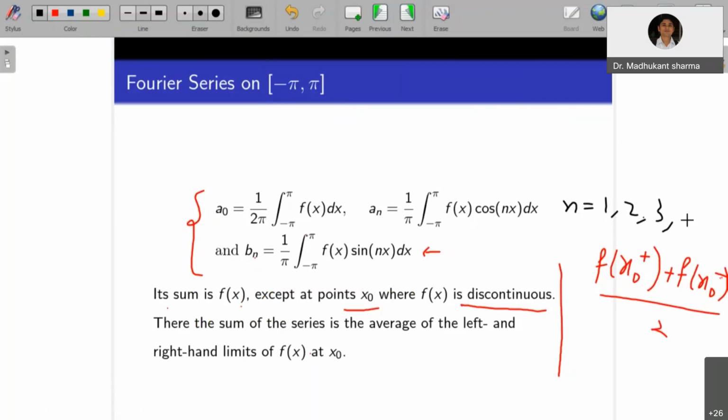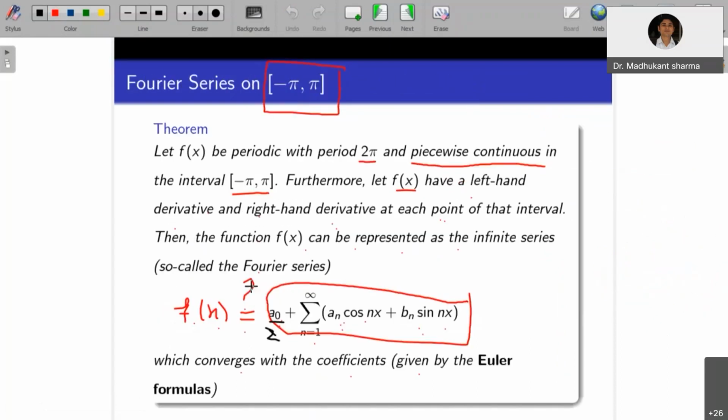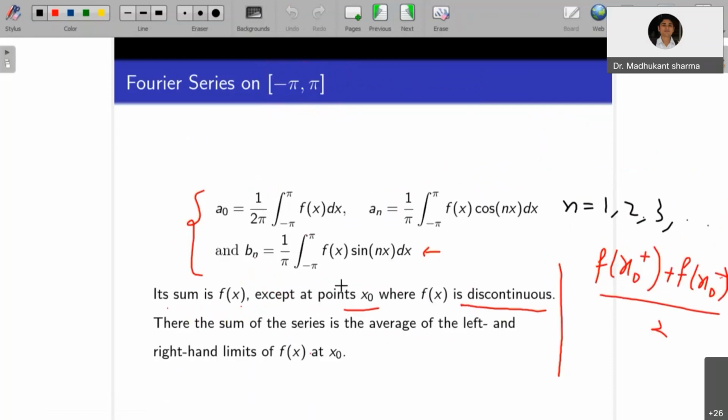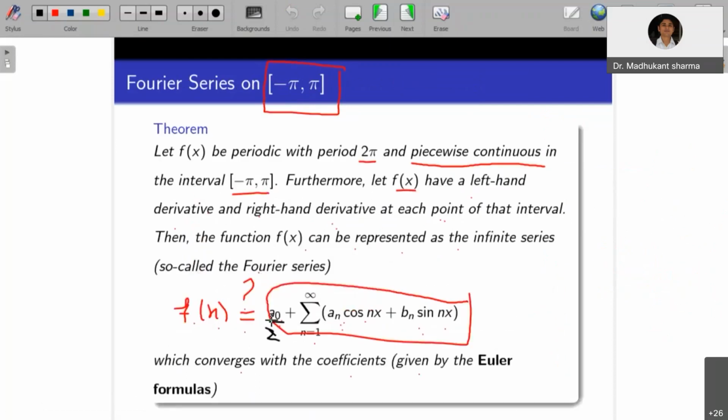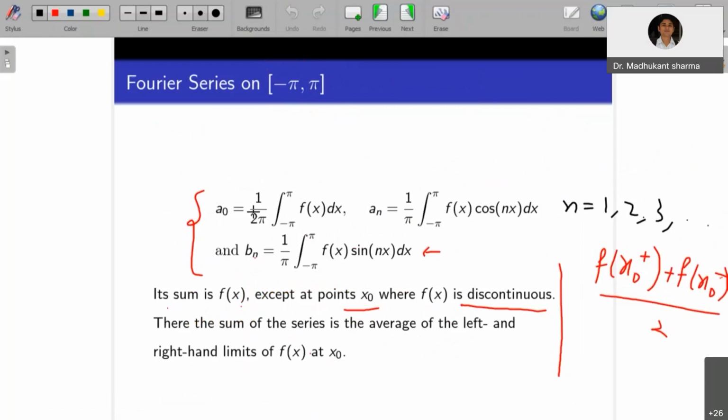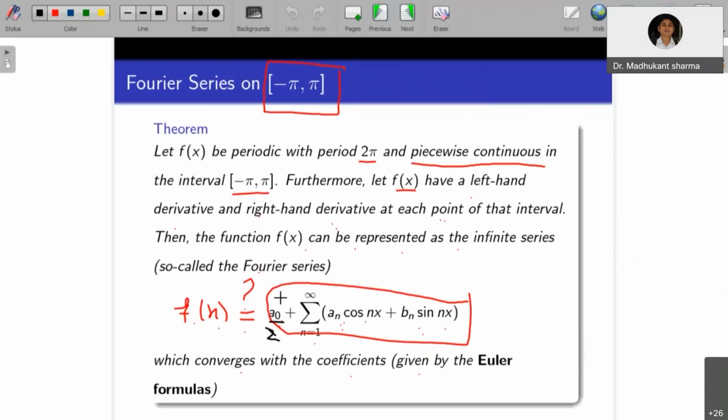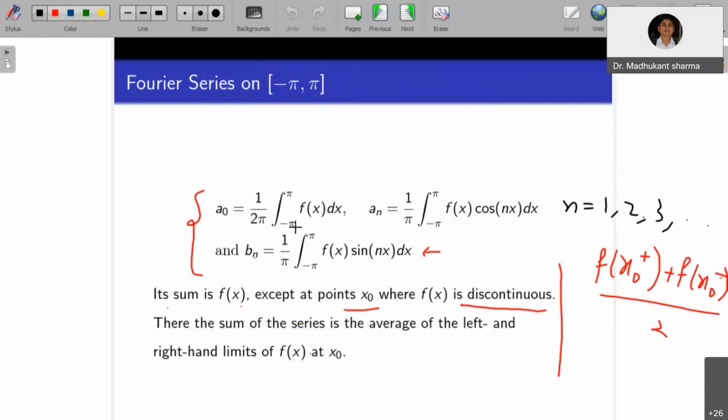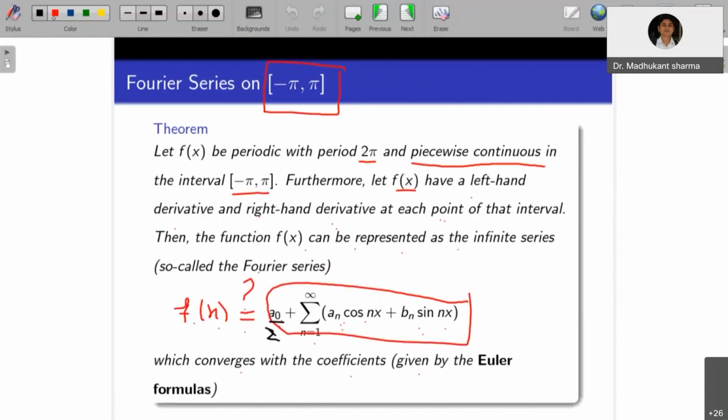There are various ways to represent it. Many times textbooks have a naught by 2, sometimes a naught only. If you have a naught only, you have the following formula; if you have a naught by 2, then you have here 1 by pi integration minus pi to pi. So keep that in mind.